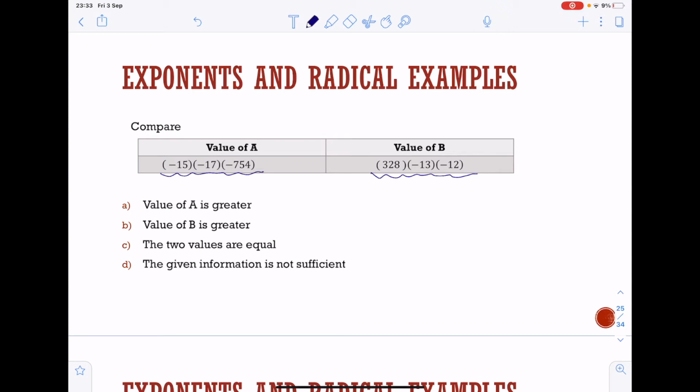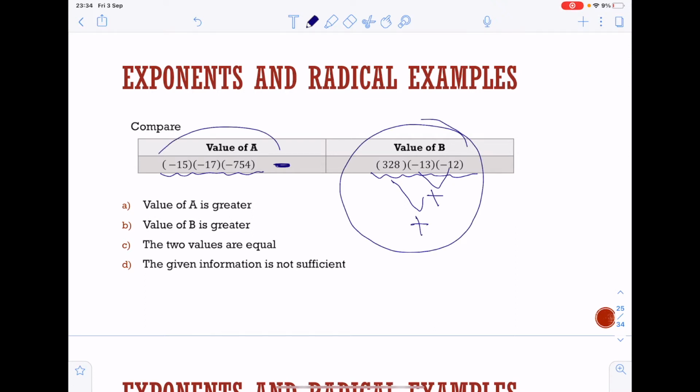If you multiply three negative numbers together, you will have a negative answer. But if you multiply a negative with a negative, it gives you a positive, then a positive times a positive gives you a positive. So this whole is positive and this whole will be negative. Comparing a negative value with a positive value, the negative value is less than the positive value. So value B is greater.